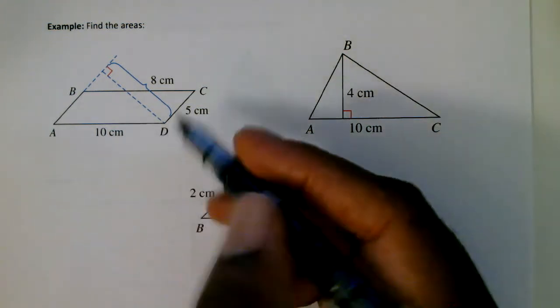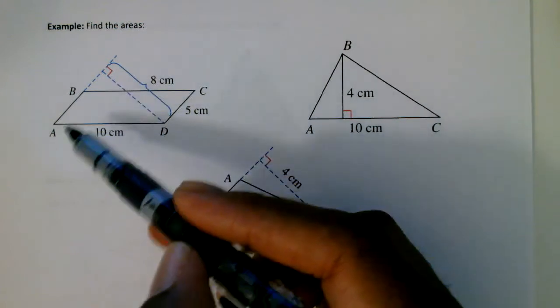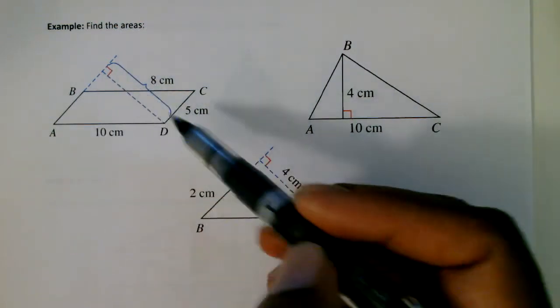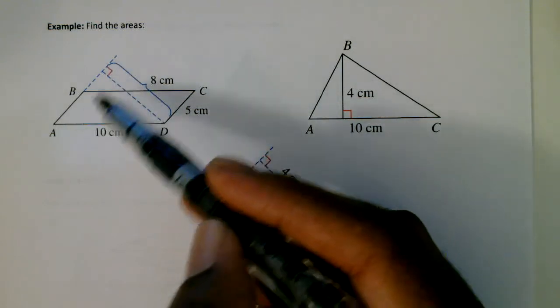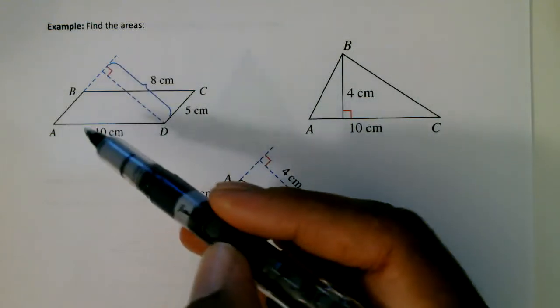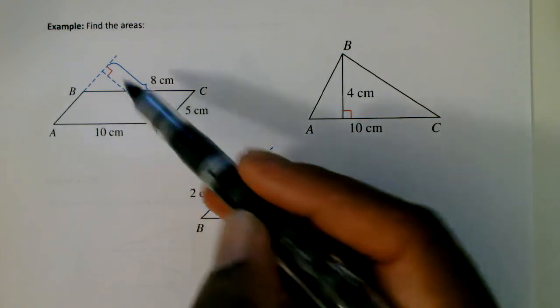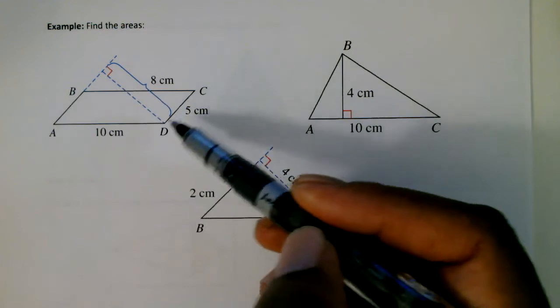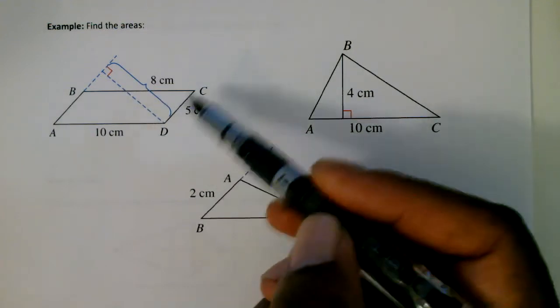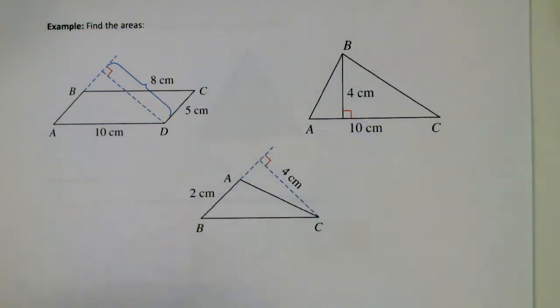Notice that this right here is going to be your base, and this will be your height. So the base here is going to be 5, and the height will be 8, because this side has the same length as the opposite side in that parallelogram. So the base will be 5, the height would be 8.